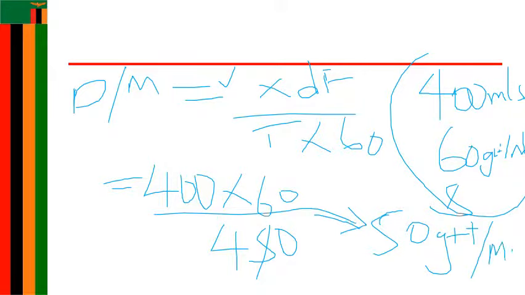So for 400 mls to run in 8 hours, with the drop factor set at 60 drops per ml, we need 50 drops per minute.